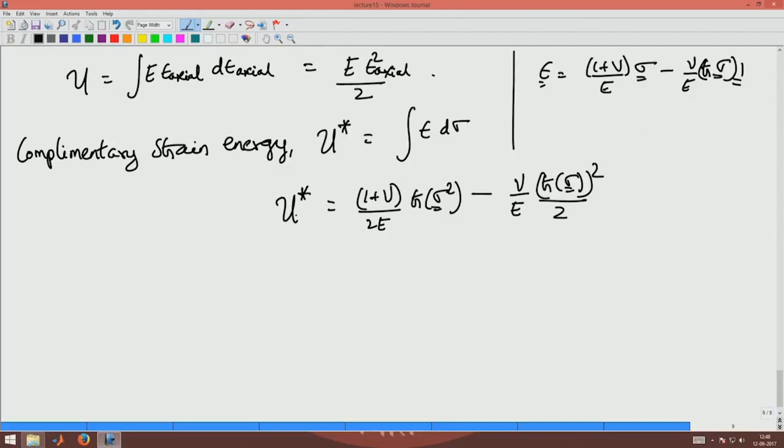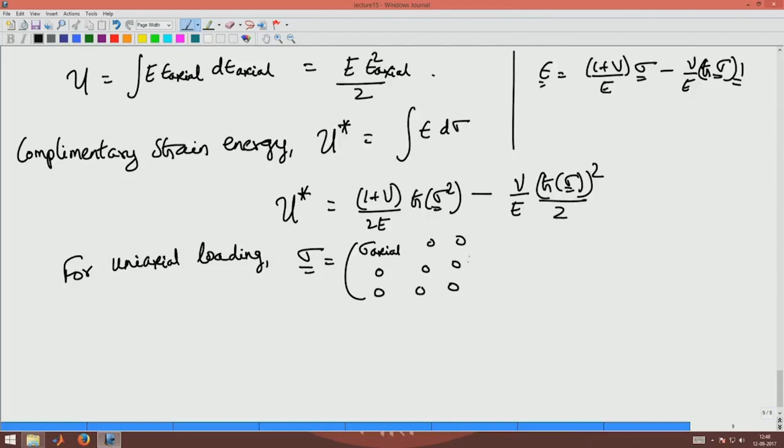Now, for the uniaxial state of stress, for uniaxial loading, you know that sigma is sigma axial with all other components 0. So, trace of sigma would be sigma axial and trace of sigma squared would be sigma axial squared.